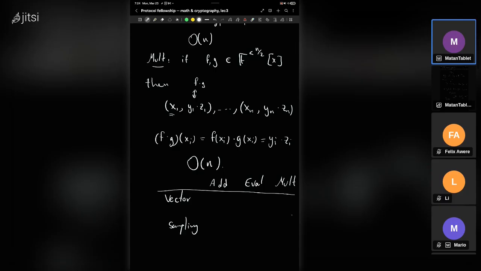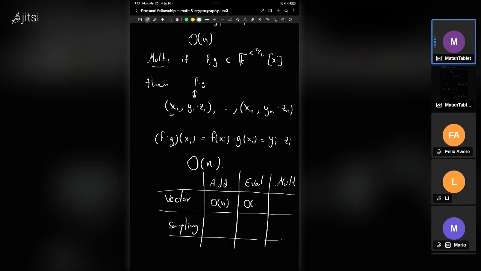The complexity in each of these things in vector: add is O of n, evaluation also takes me O of n, but multiplication takes me O of n squared. In sampling, adding and multiplying takes me O of n, but evaluation in the worst case, if I need to evaluate outside the sampling set, is O of n squared.